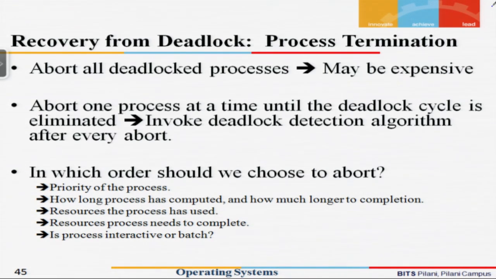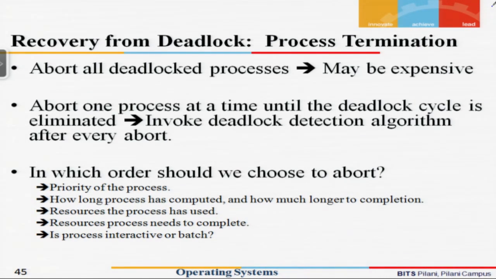So one approach could be that I abort one process at a time until the deadlock cycle is eliminated. So we abort one process. When we abort one process, what would happen? This process would release some resources. Now with that additional set of resources released, we try to see whether the deadlock will get broken.